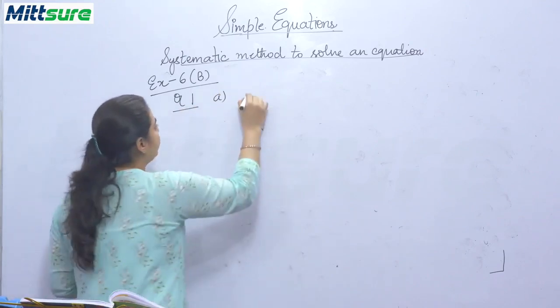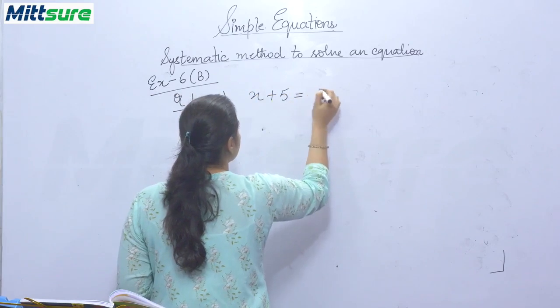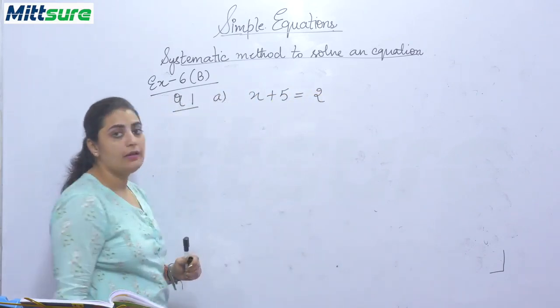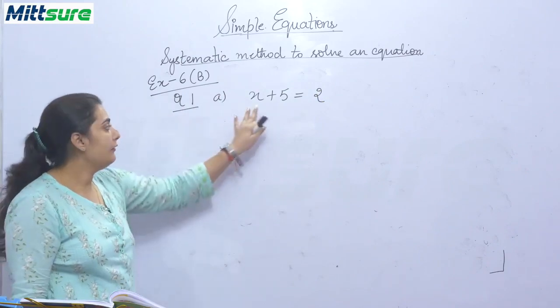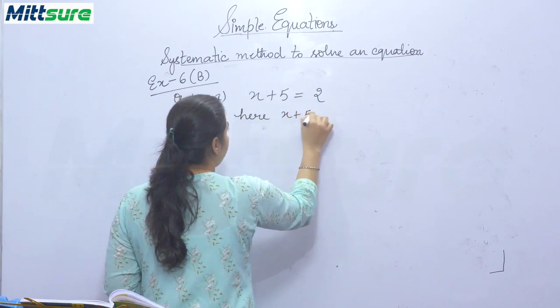X plus 5 equals to 2, right? Now what I will do, I have got here x plus 5 is equal to 2.